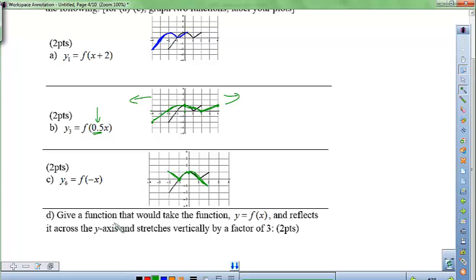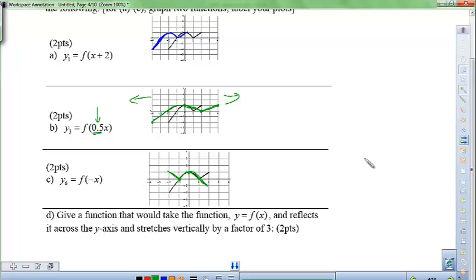Alright, and the last one, give a function that would take f of x and reflect it across the y-axis and stretch it vertically by a factor of 3. So reflect about the y-axis, that's similar to this, and then stretch it vertically by a factor of 3.